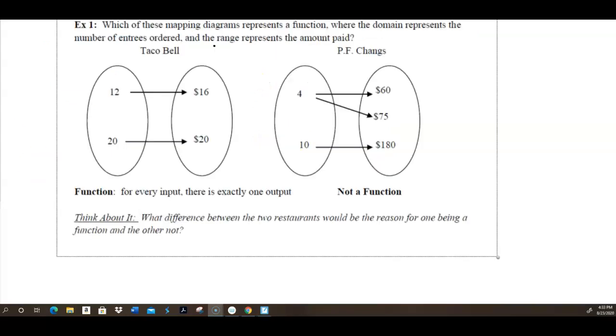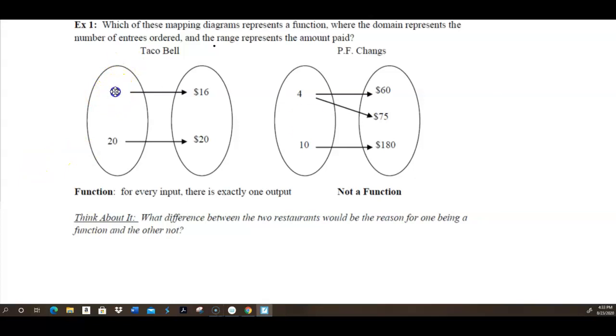In this example, we see mapping diagrams where one represents a function and one does not. So looking at Taco Bell, for every input, we have 12 items. We get exactly one cost of $16. 20 items gives us the cost of $20.